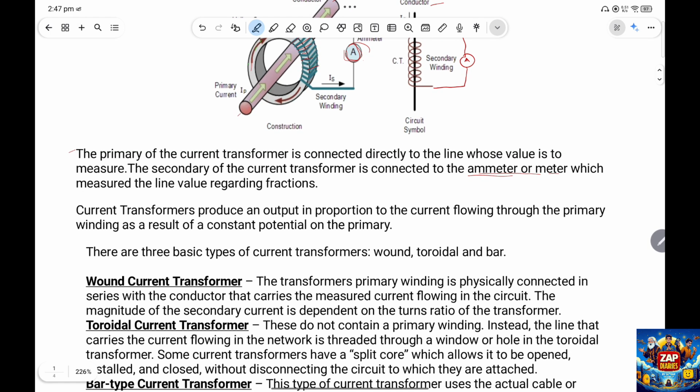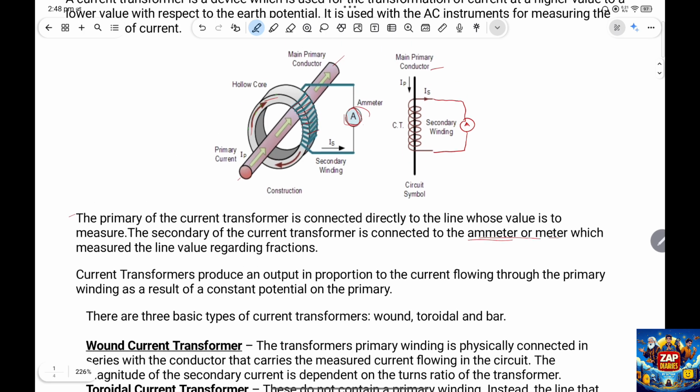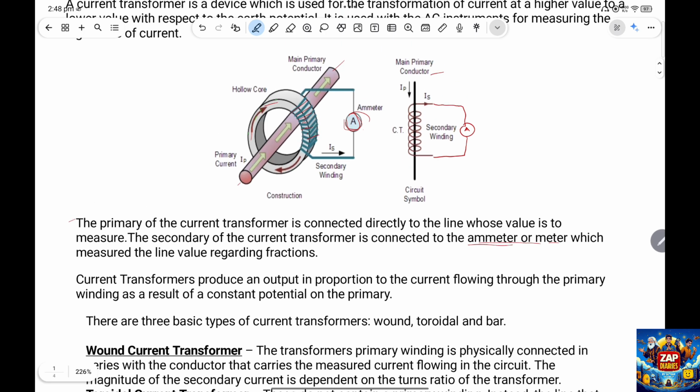The current transformer produces an output proportional to the current flowing through the primary winding as a result of a constant potential on the primary. The primary or the main conductor has very high values of current or voltage flowing through it, but we want to measure current.